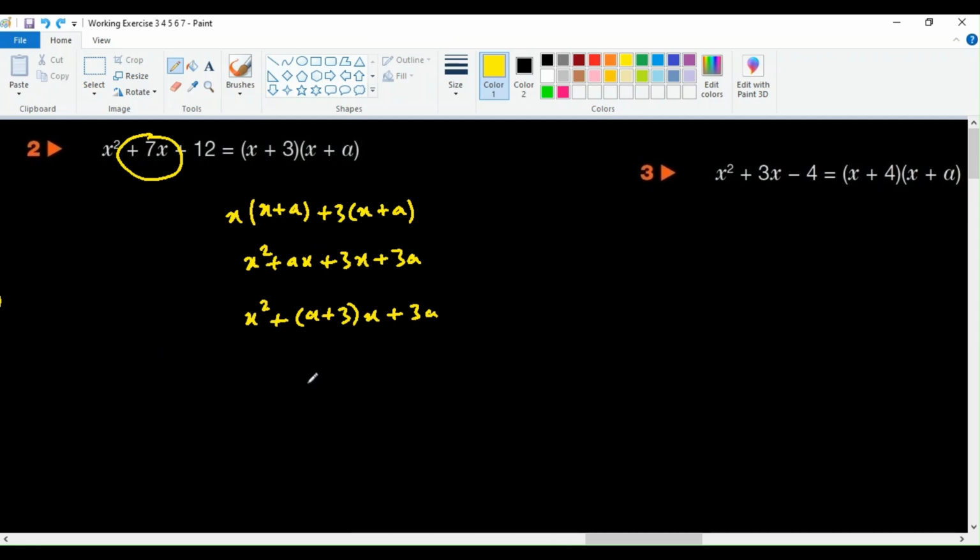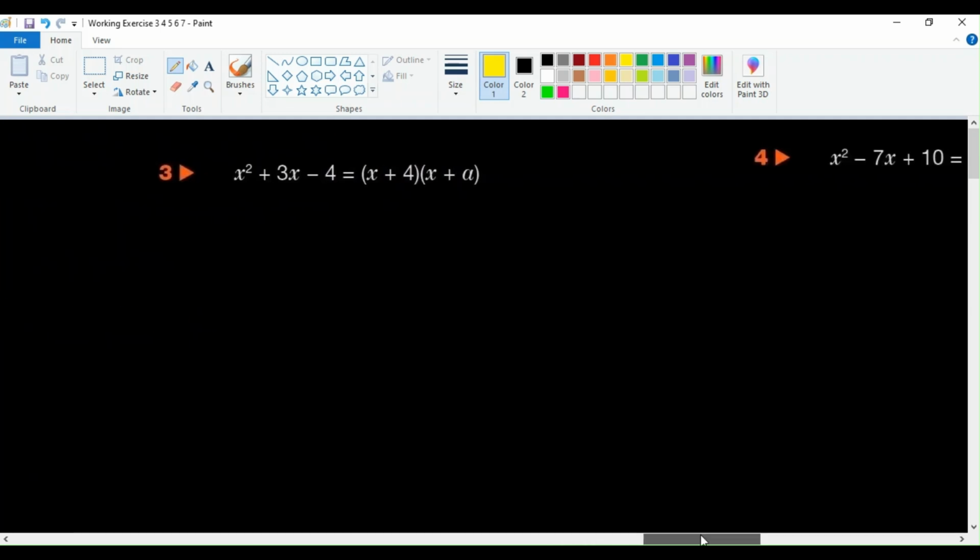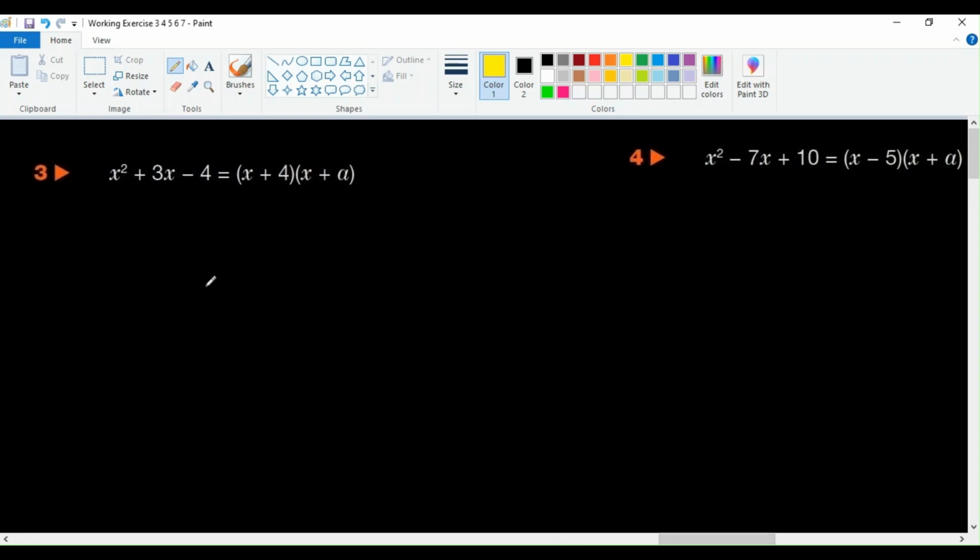I know very well that I can see here that this 12 is equal to 3a. So I will write 3a equals 12, and a equals 12 over 3, which is again giving us 4 as an answer. So both the ways are correct. Either way you do, you get full marks.